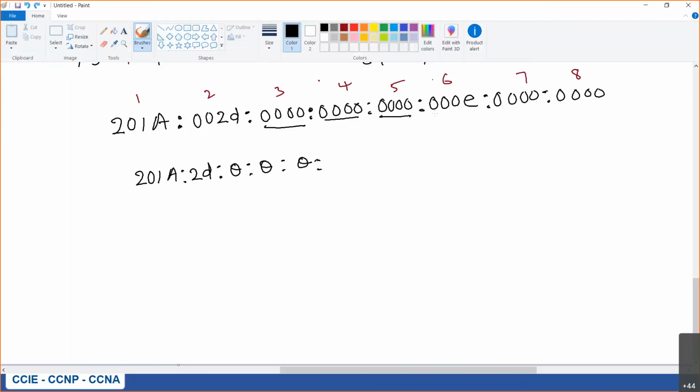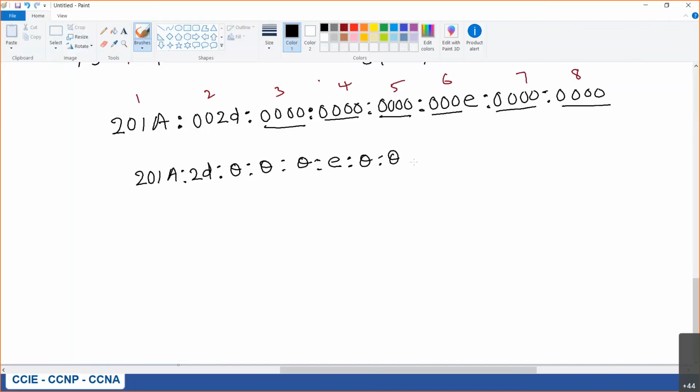So just 3 leading zeros are optional. We can write E colon, again 4 successive zeros, 4 successive zeros, 0 colon 0. So this is how we can represent an IPv6 address by using 2 basic rules. Leading zeros can be omitted and 4 successive zeros substituted by a single 0.